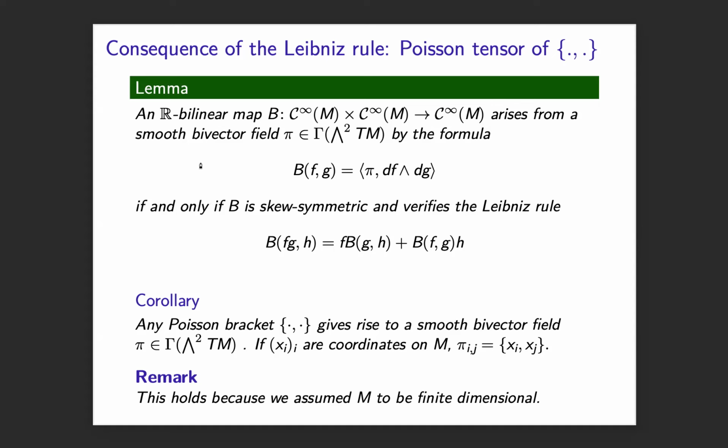Why do we ask this Poisson bracket to verify the Leibniz rule? Well, this is explained by this lemma. An R bilinear map B from C infinity of M times C infinity of M to C infinity of M arises from a smooth bivector field pi by this formula if and only if B is skew-symmetric and verifies the Leibniz rule.